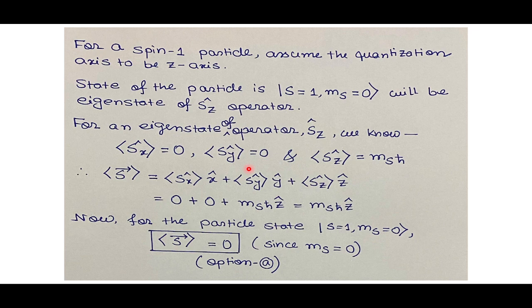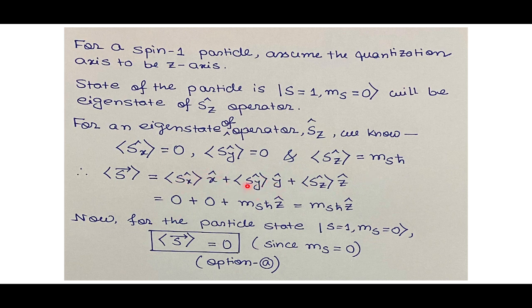So the average value of Sx and Sy will always be 0. If you split the expectation value of S into these three terms, this is 0, this is 0.